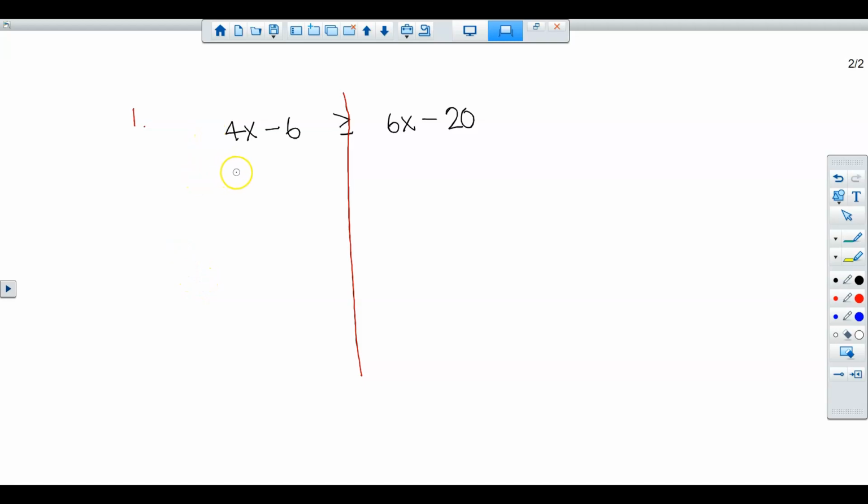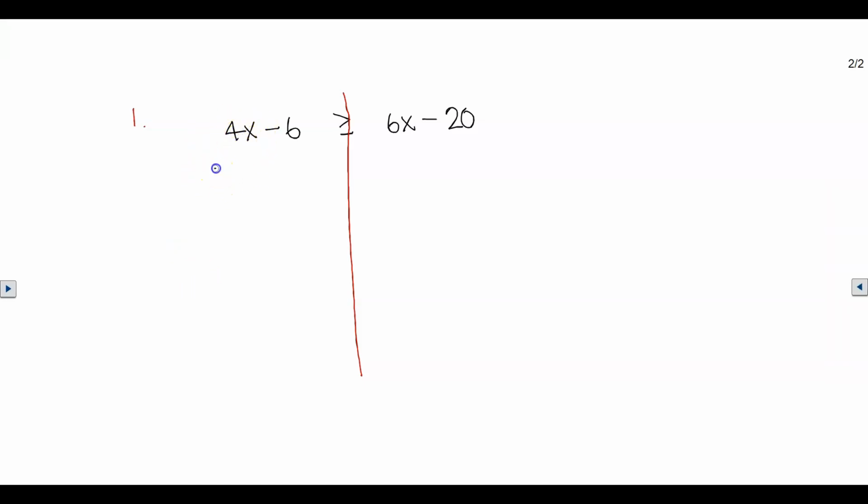And the answer is yes. 4x appears to be my smallest variable, so I would subtract 4x on each side to cancel that out. So now I have negative 6 is greater than or equal to 2x minus 20.